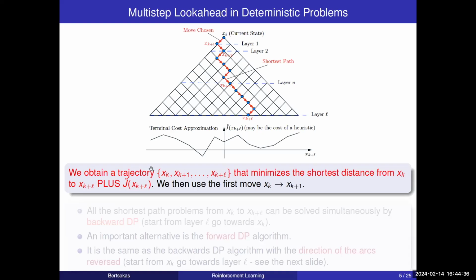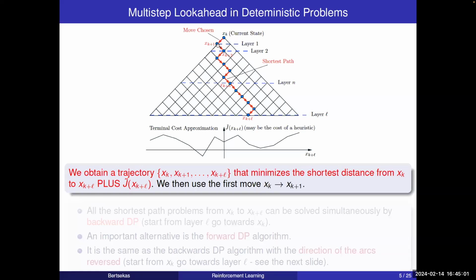So we want to obtain a trajectory, ak to ak plus 1, all the way to ak plus L, that minimizes the shortest distance from xk to xk plus L, plus the terminal cost function approximation. And once we obtain this trajectory, we choose the control that moves us one step along this path from xk to xk plus 1.